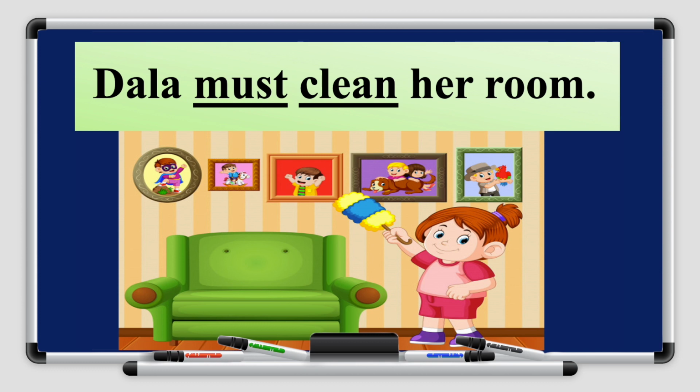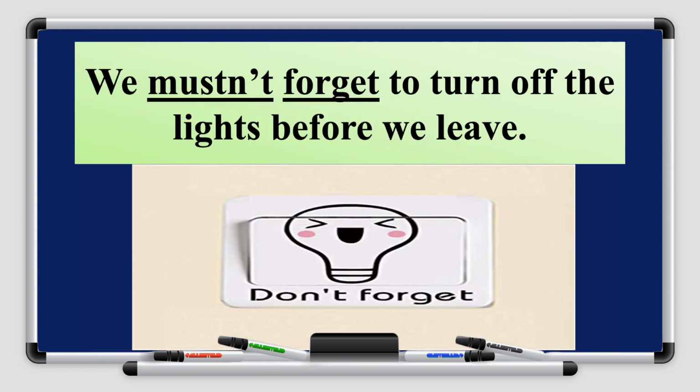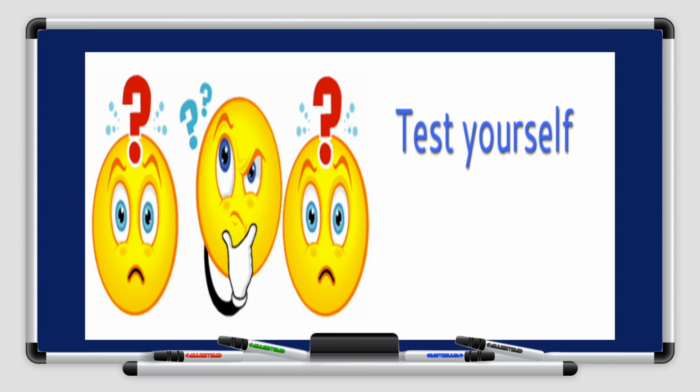Here we used must and we used clean as the verb. We mustn't forget to turn off the lights before we leave. Now test yourself. Remember, we use imperatives to give advice or orders, and we can say don't, never, always, or you can use must or mustn't.